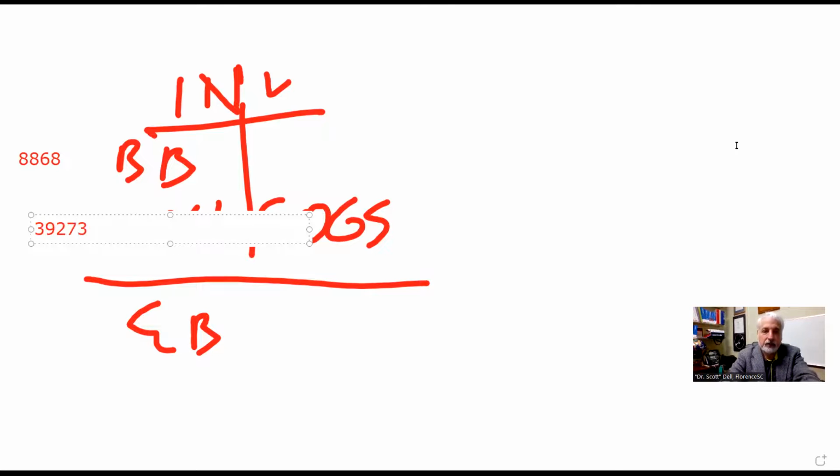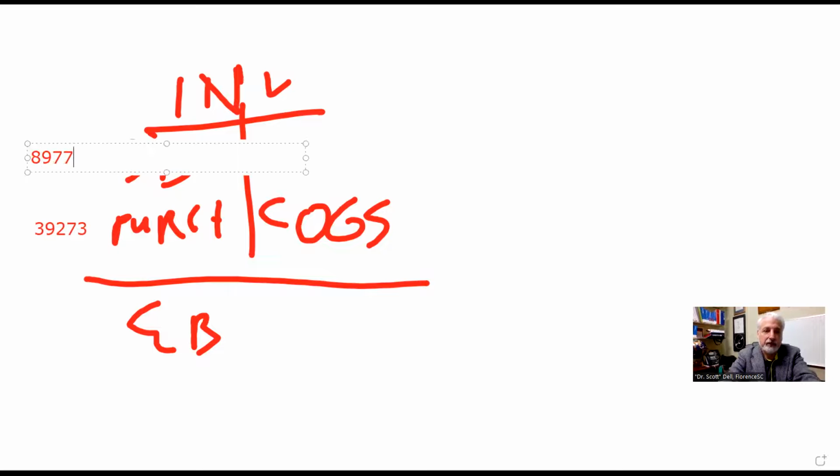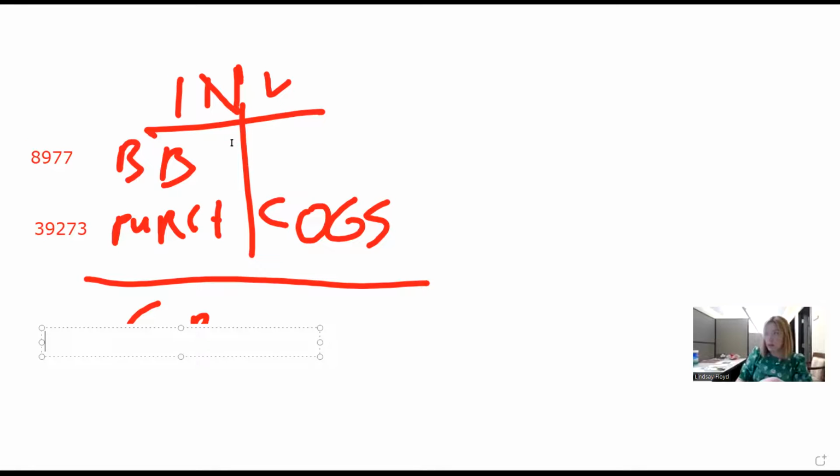My ending balance. You know what? I've got to change to 8977. Sorry, I'm going between two screens, and that's my fault. 8977. Then ending balance of what? 9,392.